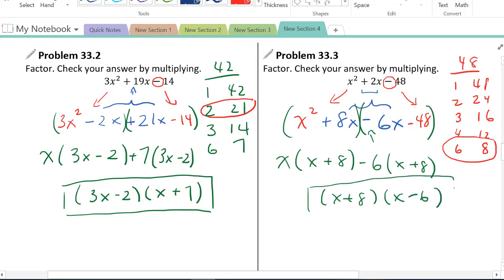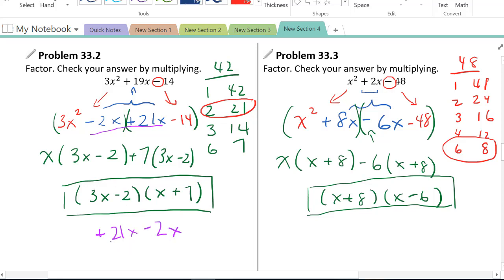And that's it. Again, remember, it does not matter the order in which you put the two middle terms. It doesn't matter whether you put the negative 6x first or the plus 8x first. Same thing with the first example. It didn't matter if I used negative 2x plus 21x, or I could have used plus 21x and then minus 2x.